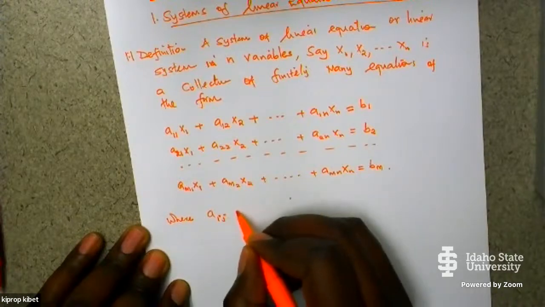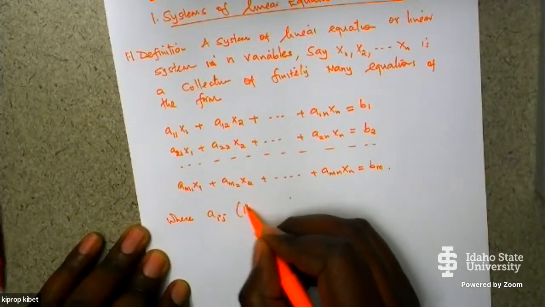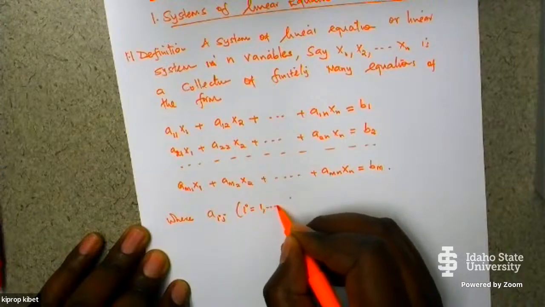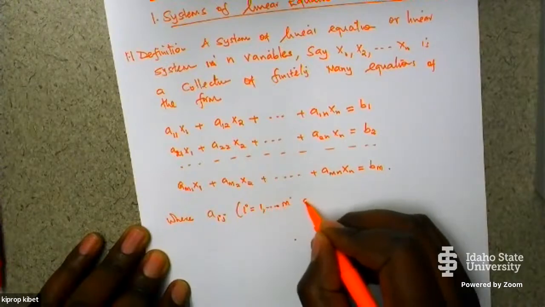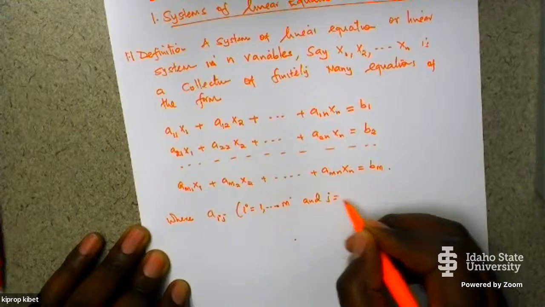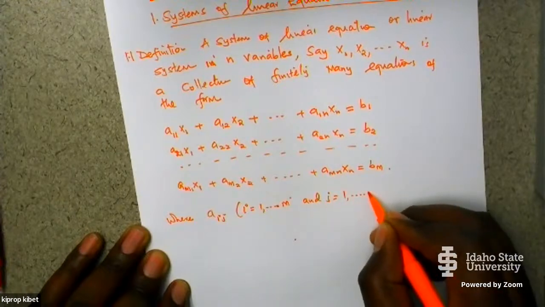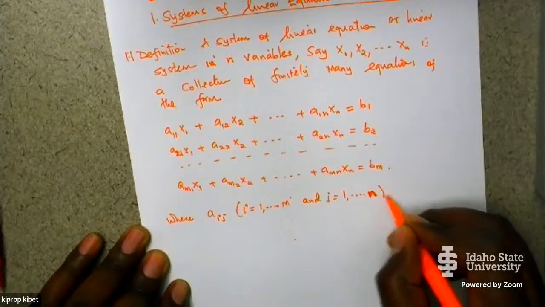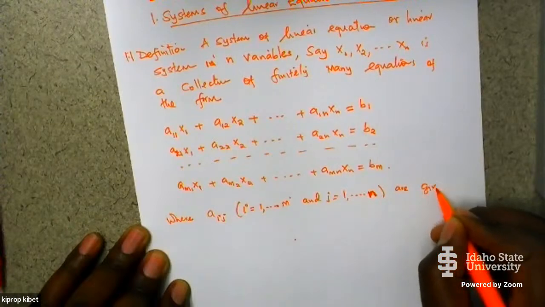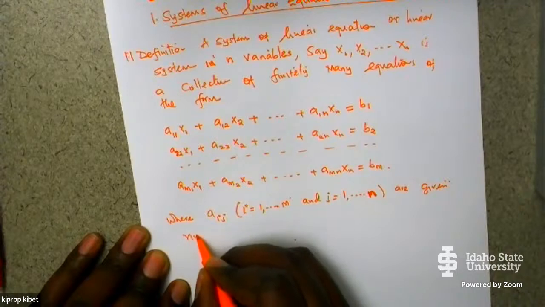where aij, where i equals 1 all the way to m, and j equals 1 to n, are given numbers.